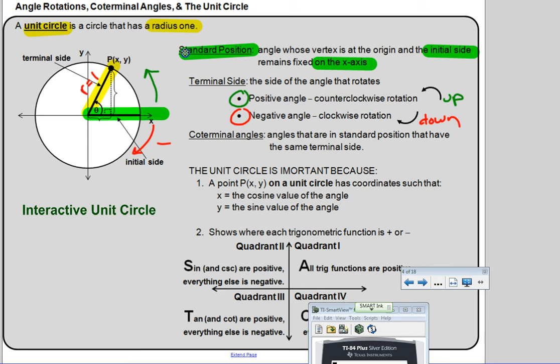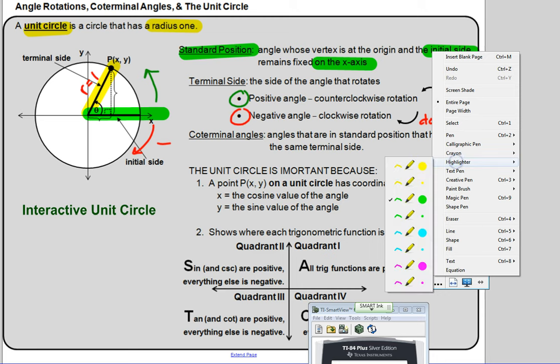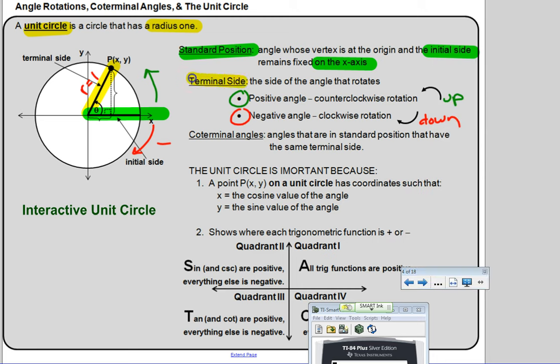Where the angle stops is called the terminal side. So the terminal side is actually that yellow piece I already have written in. Terminal means terminate. So angle rotation, standard position, you start there. Up is positive angles, rotate down is negative angles. So let's start with that piece of information first.